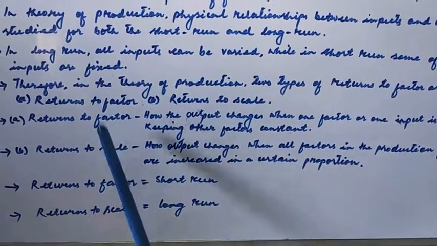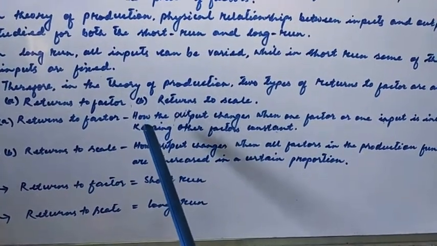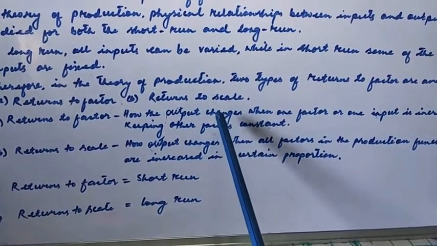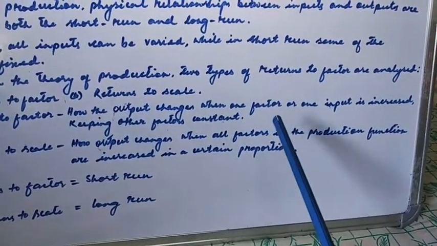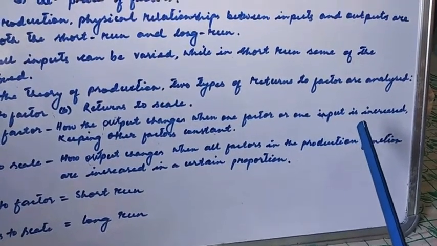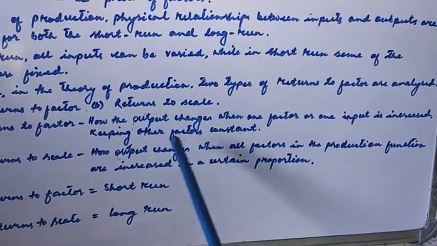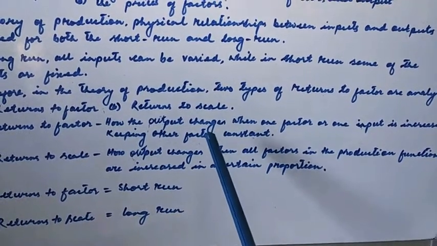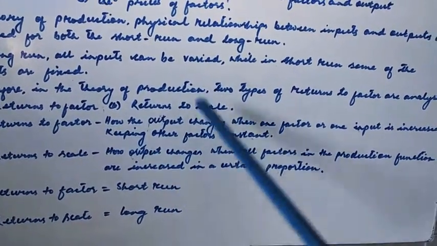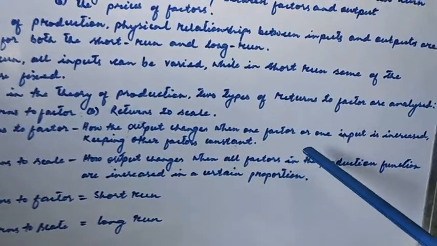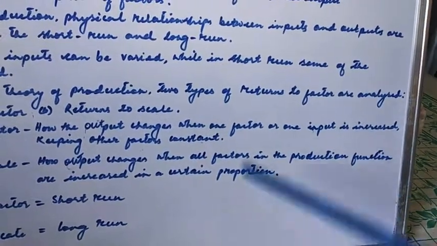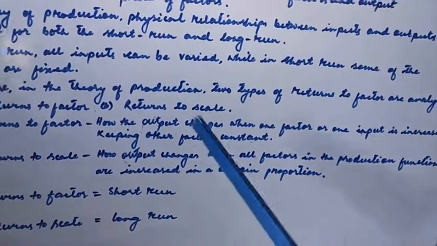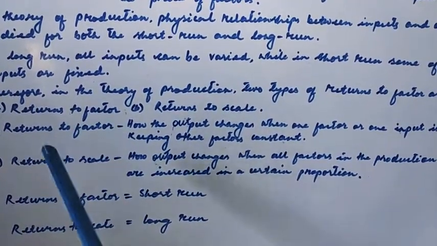So returns to factor means we are trying to analyze how the output changes when one factor or one input is increased, keeping other factors constant. Returns to factor means short run.